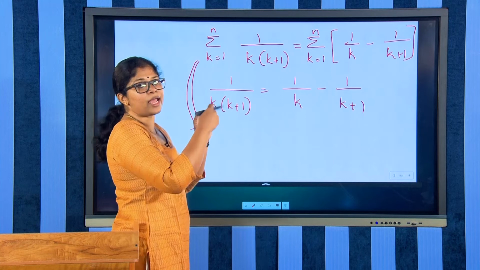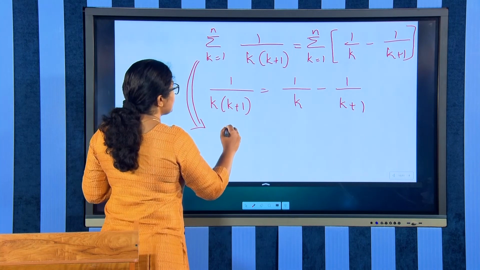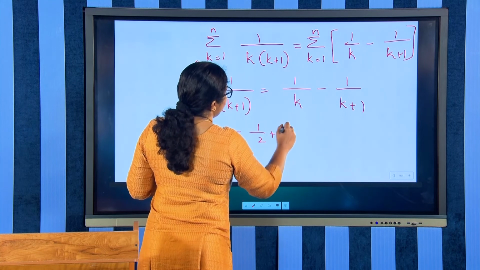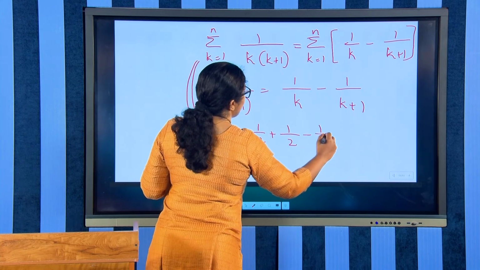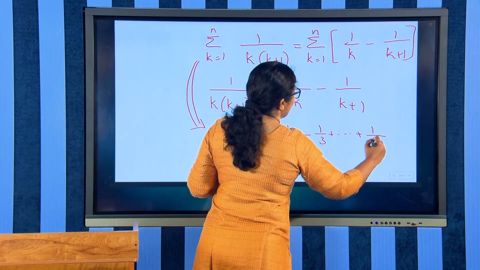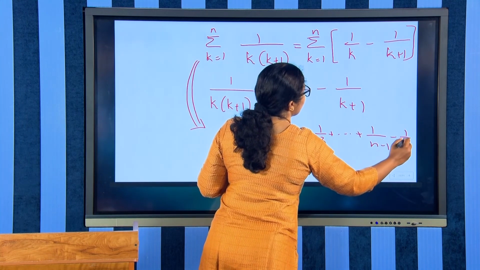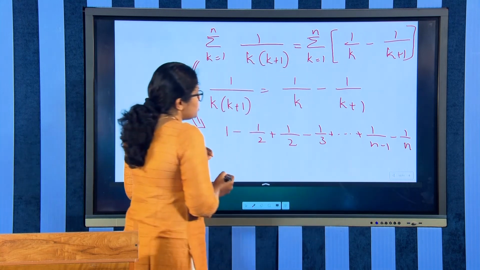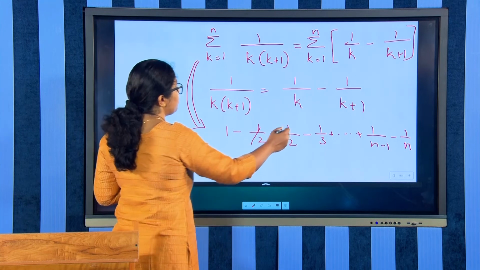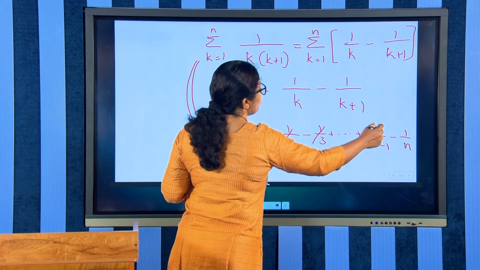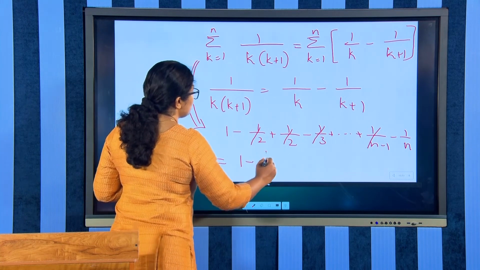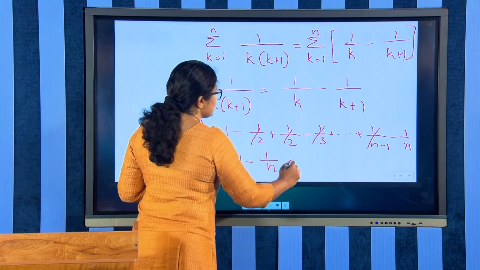By putting different values of k, you can see the first term is 1 minus 1 by 2, plus 1 by 2 minus 1 by 3, plus etc. The last term will be 1 by n minus 1 minus 1 by n. So as we had discussed in the previous example, negative 1 by 2, 1 by 2, negative 1 by 3, all the intermittent terms will get cancelled. You are left with only two terms, 1 minus 1 by n.